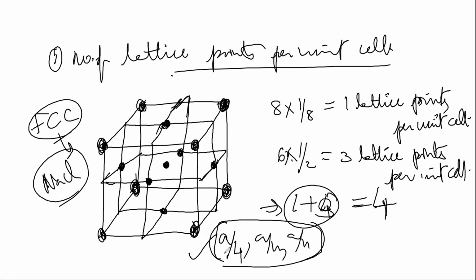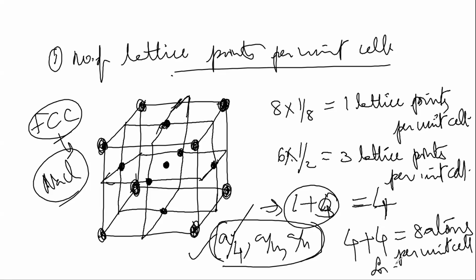Because we have 8 corners and we will get 4 more atoms which are at a distance of 1/4 of the length. We have 4 plus 4, that is 8 atoms per unit cell for diamond. Okay, students? 8 atoms per unit cell for diamond.